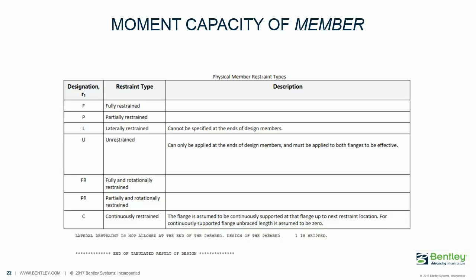So if you apply the fully rotational restraint by FR, then it would restrict any sort of rotation about the minor axis of the section. Similarly, you can apply the partially rotationally restrained if the rotation is not supposed to be restricted 100%, meaning some fraction of the rotation is captured, and the remaining is allowed to occur.